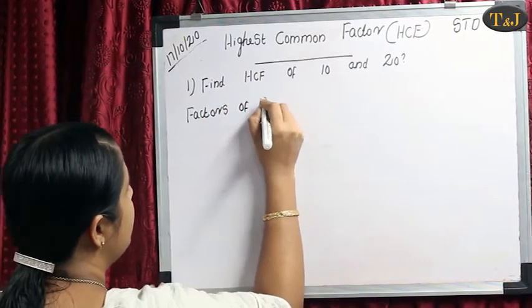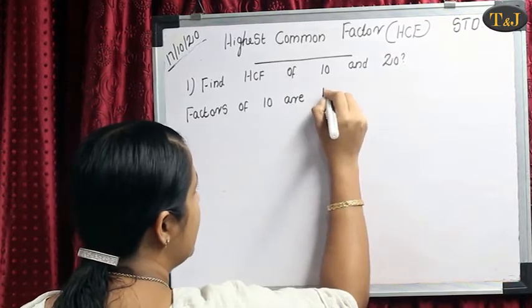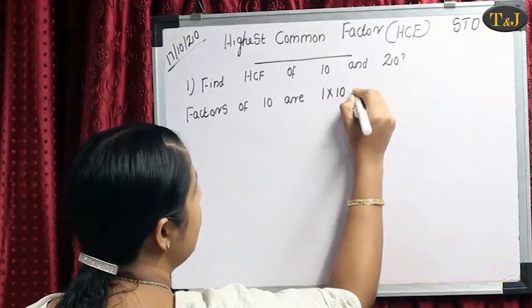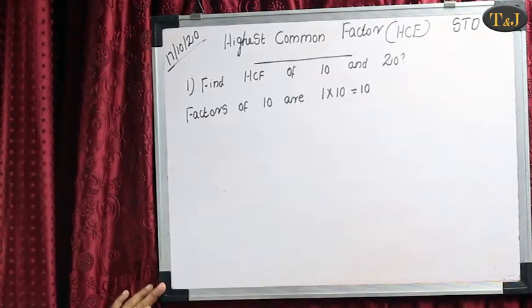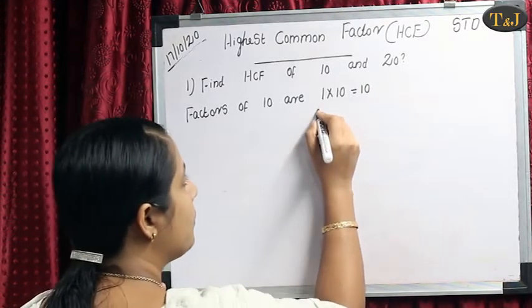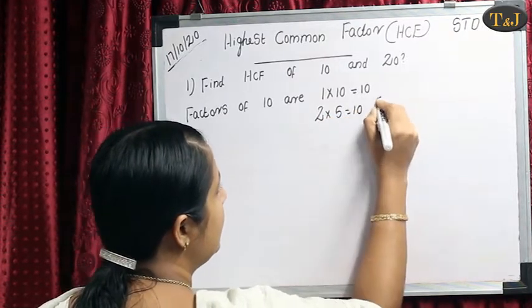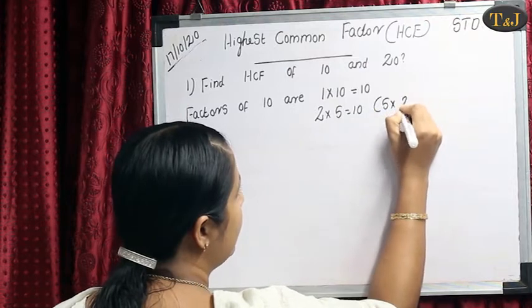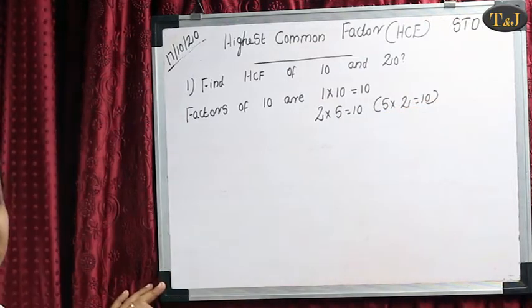Here, the factors of 10. In every table of 1 there is the number 10, so 1 ten is 10. Then in 2's table there is 10. Yes, 2 5s are 10, and in return 5 2s are 10. Then in 3's table, is there 10? No, 3 3s are 9.